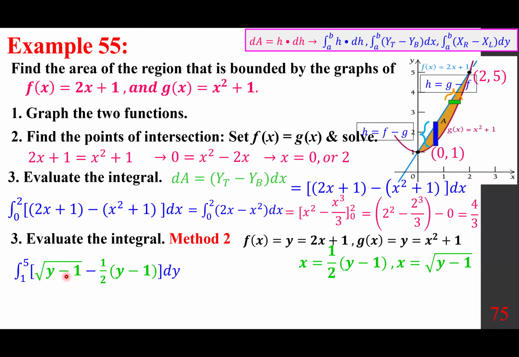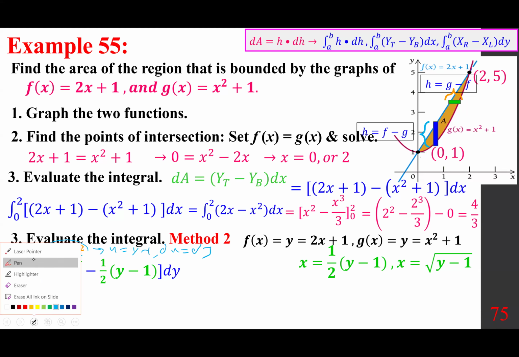This one is, by the way, y minus 1 to the power of 1/2. And this, believe it or not, uses the u substitution. I'm going to leave it for you to finish. If you have a question, you can ask me. Let u be y minus 1, and du becomes dy.